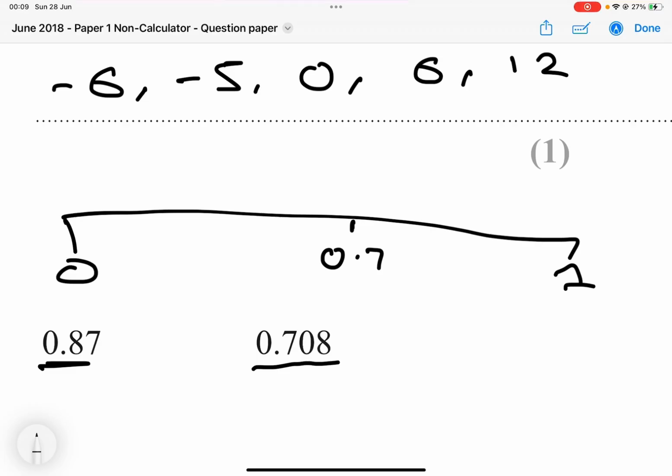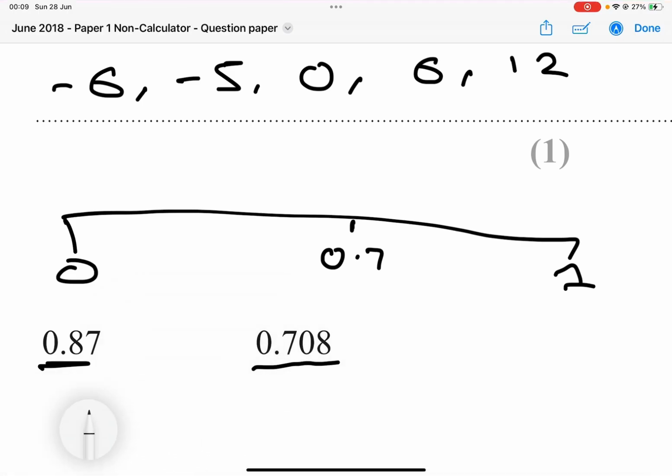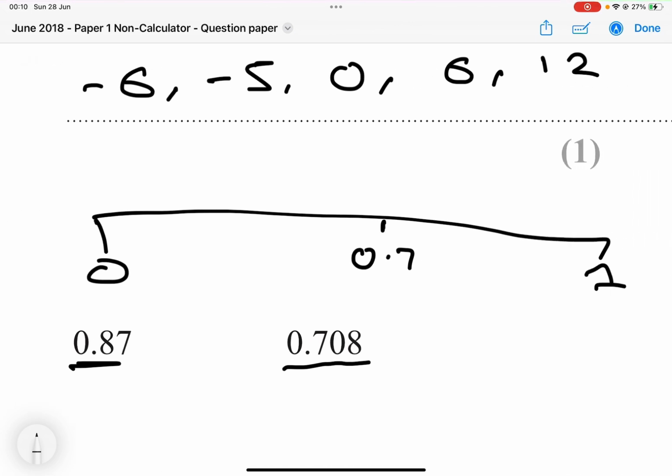So we have 0.78. If you look at the number line, and we have 0, let's just say 0.8 over here. 0.78 will be here. 0.708 will be here.